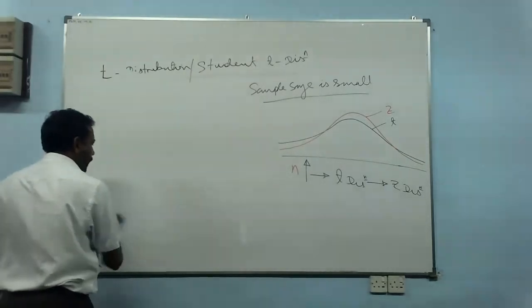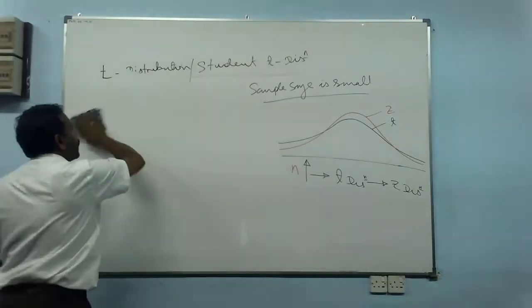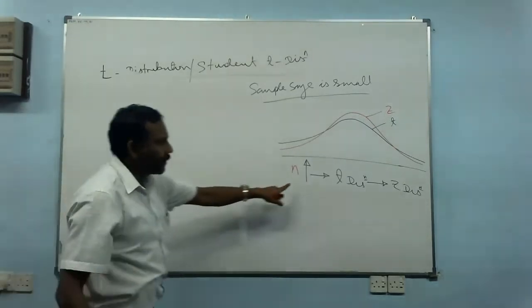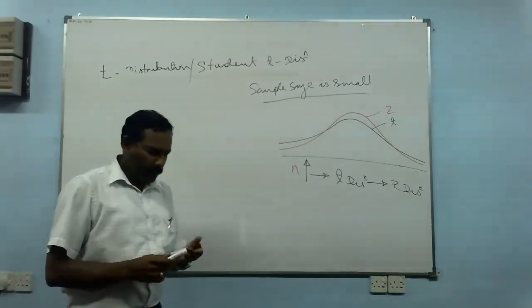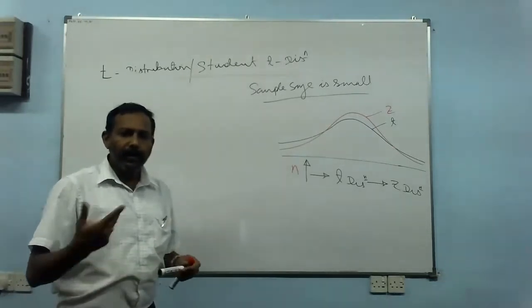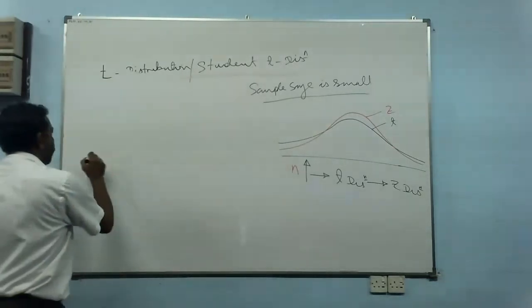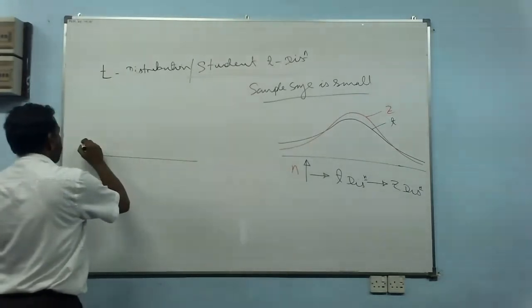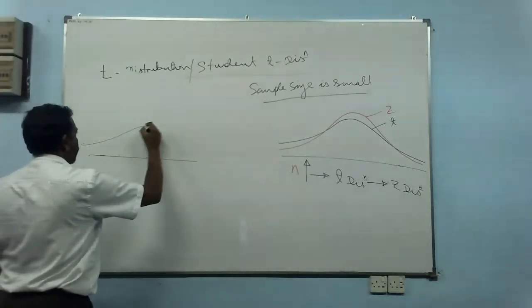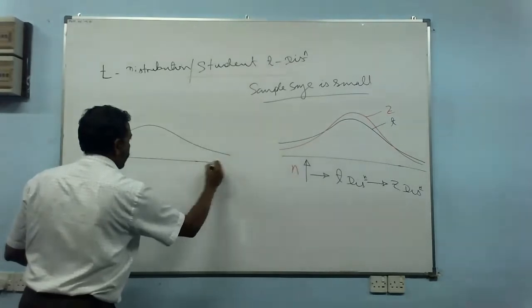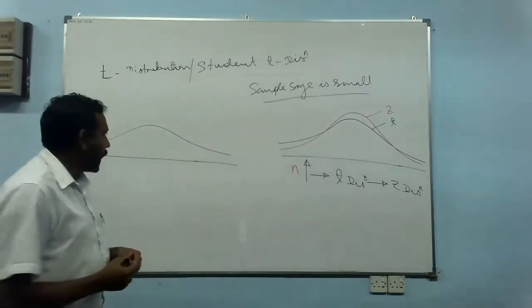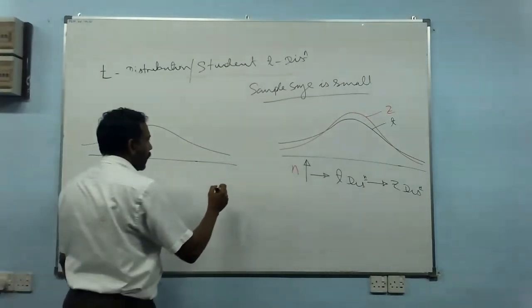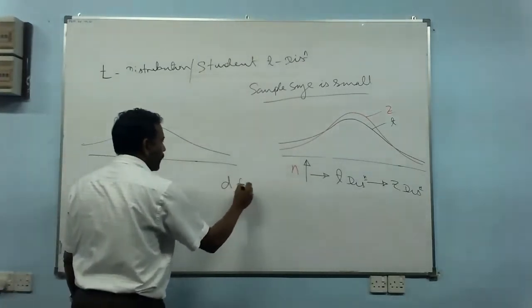Look at this one, because we said that if the sample size is low, then we'll have to use T distribution. So this is your T distribution. What is this DF?